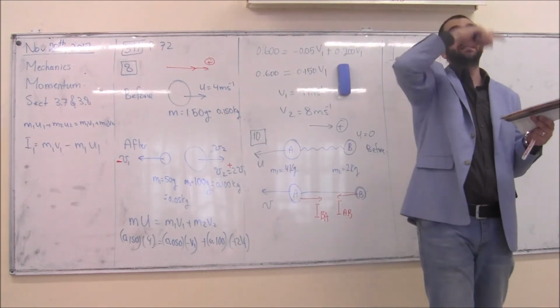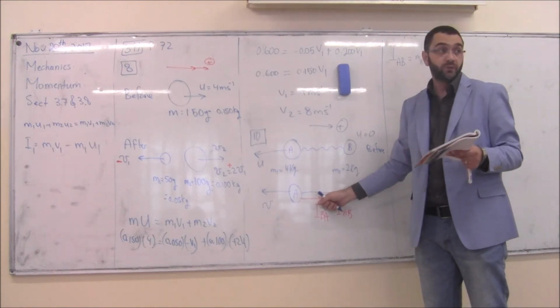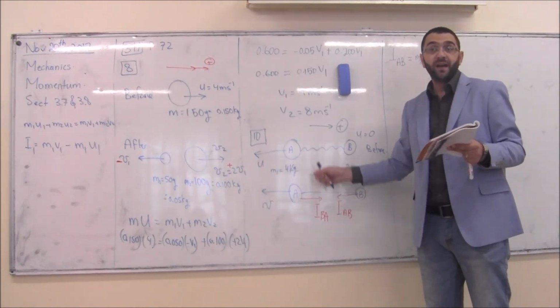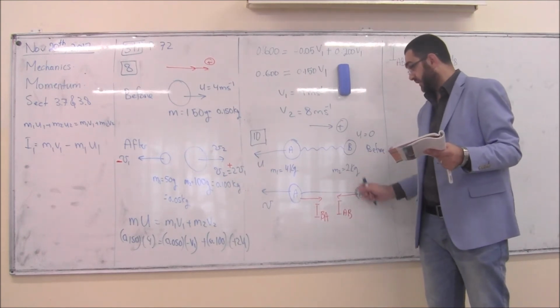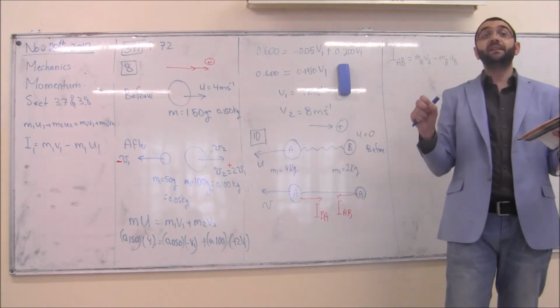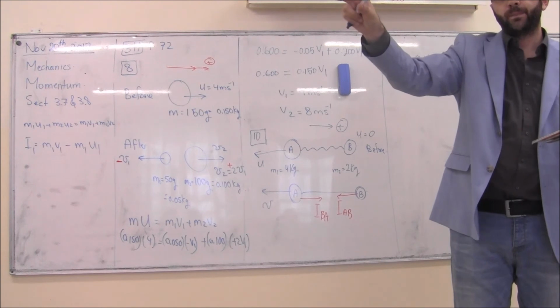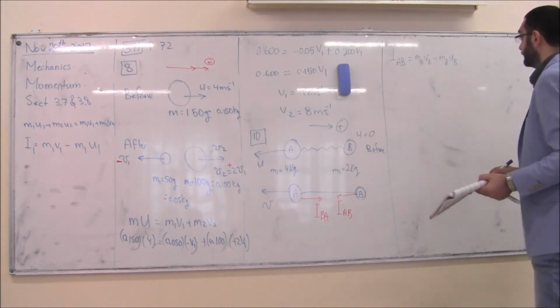When the impulse is transmitted, when the string goes taut, so this is before and this is after. We said B was at rest. Then A is projected away. This is the before, right? Okay.